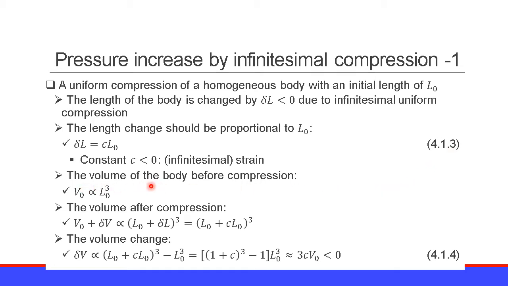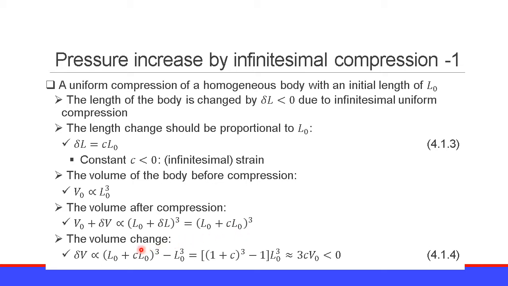The volume of the body before compression, V0, is proportional to L0 cubed, and the volume after compression, V0 plus delta V, is proportional to (L0 plus delta L) cubed, which is equal to (L0 plus C L0) cubed.